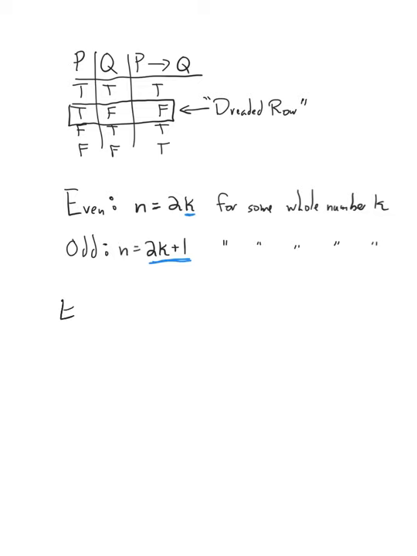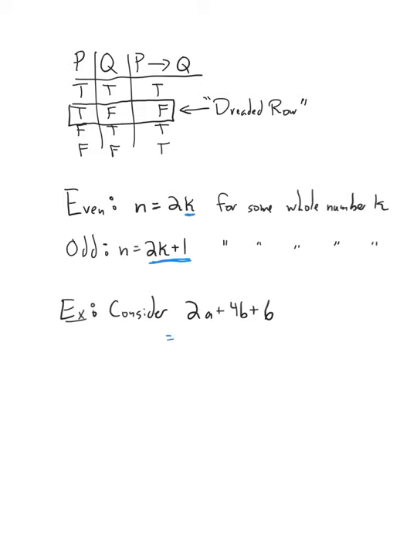So let's consider the following: 2a plus 4b plus 6. Now, I notice that each of my terms here has a factor of 2, so I can factor that out.